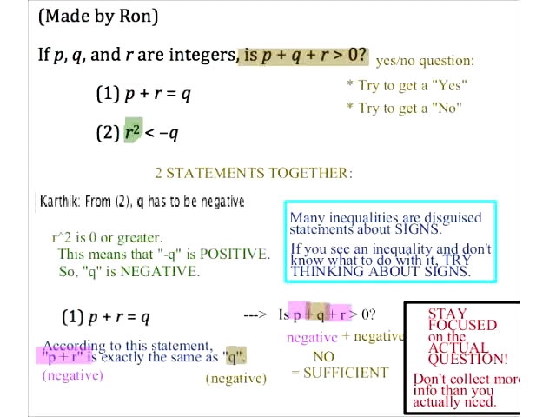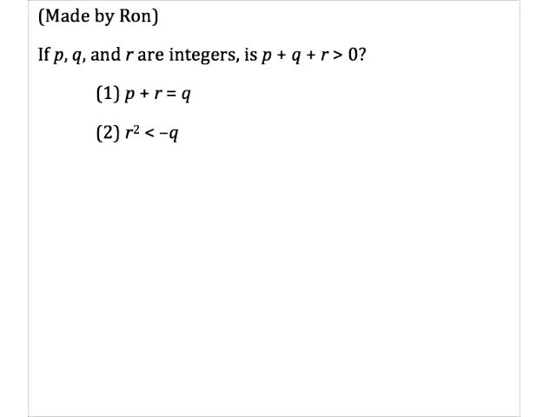So, questions about this particular method of solving? Okay, no one in the chat box. Let's take a look at something that one other student here said, which was substitution. So still discussing the two statements together. You can also substitute one of these expressions into the other one, still using the fact that Q is negative.